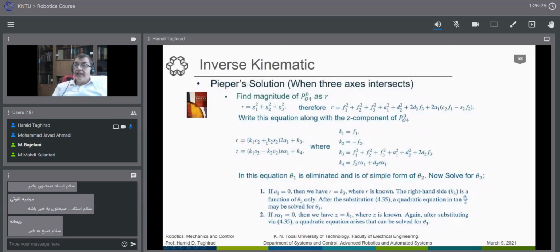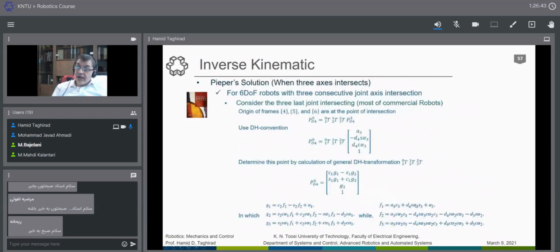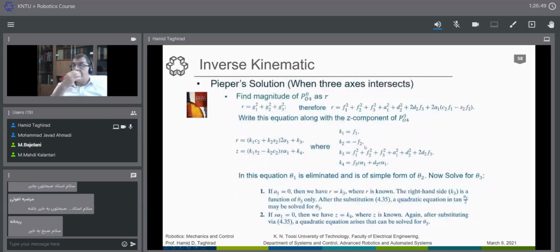Now, again, here we have K1, K2, K3, and as you see, K3 is very long, K4 is long, but K1 and K2 are rather simple. Not simple, but rather simple. We have F1 and F2 in here. So we have theta 3 considered in here.